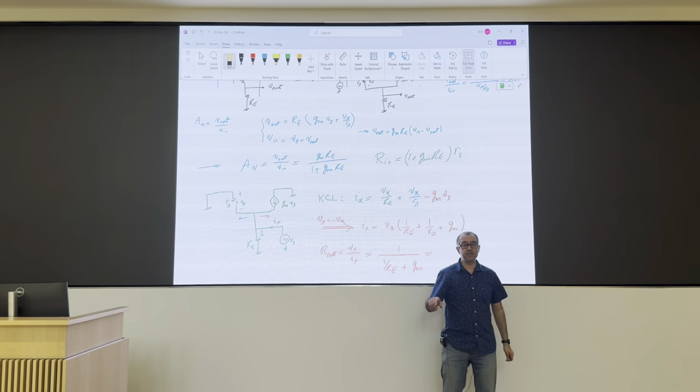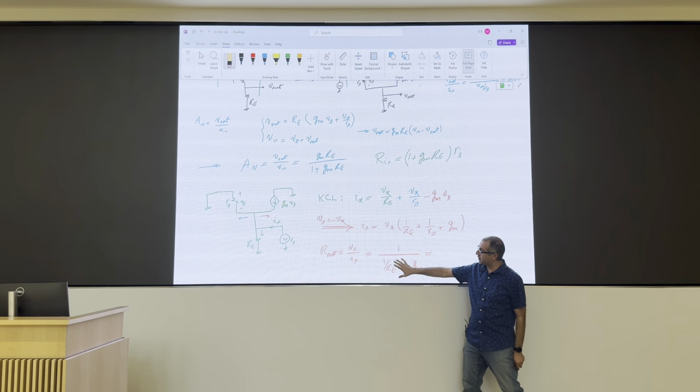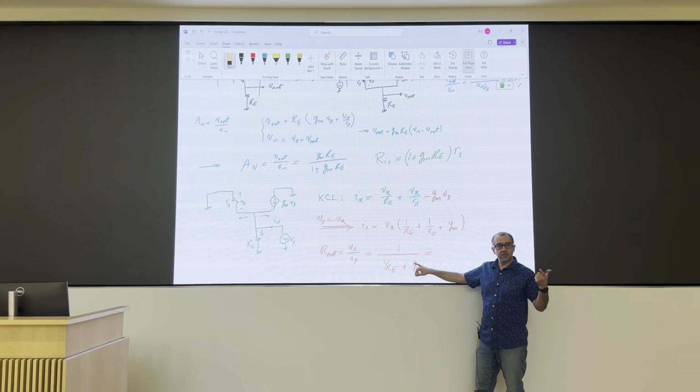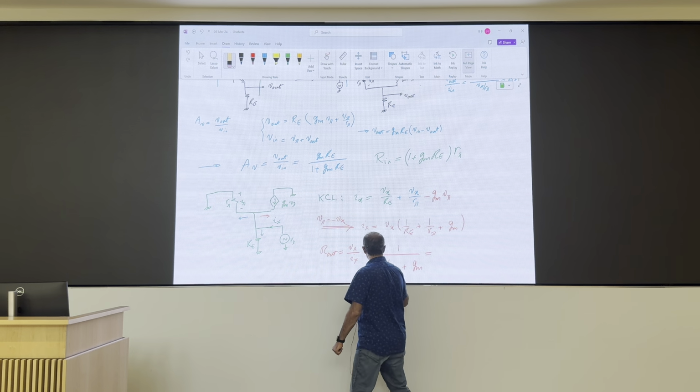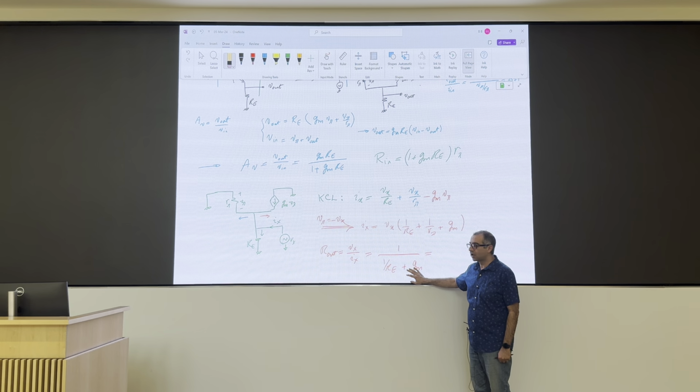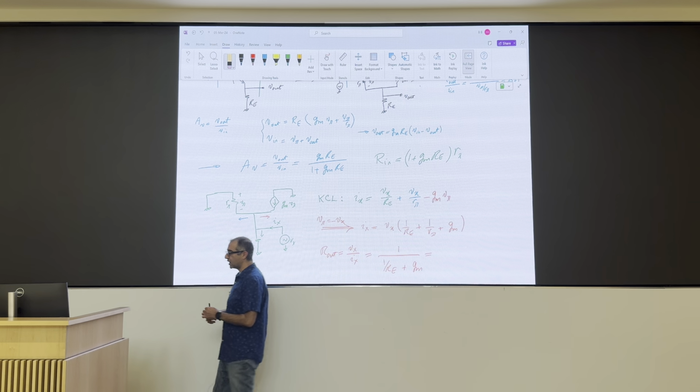Look at these two terms. So it's 1 over Re plus Gm. Gm is transconductance, so its unit is 1 over resistance, 1 over ohm, right? So if you assume 1 over Gm is a resistor, then I can see that it's 1 over Re plus 1 over 1 over Gm. It's as if I have Re in parallel with 1 over Gm. So I write it there.